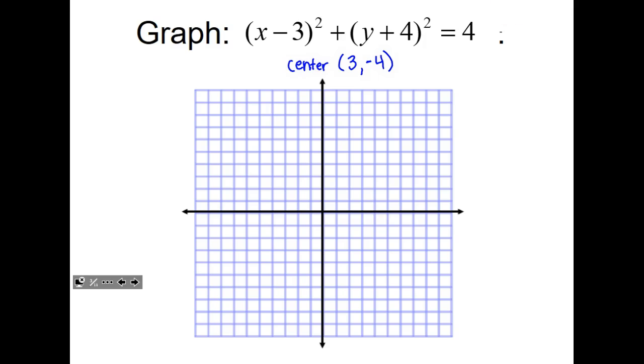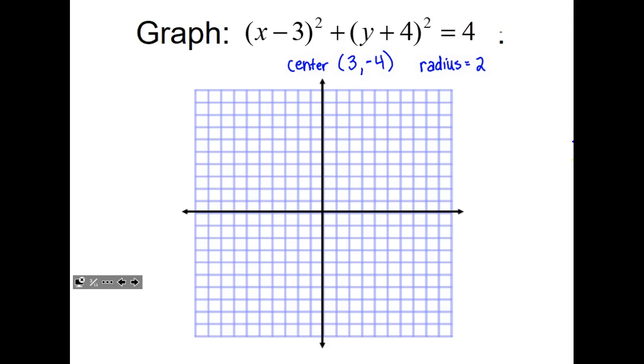You take the opposite sign of both of those numbers. And then our radius is going to be the square root of this number. So the square root of 4 would give us 2 here. So it always equals the radius squared. To get the radius, you have to take the square root of whatever number your equation is equal to.